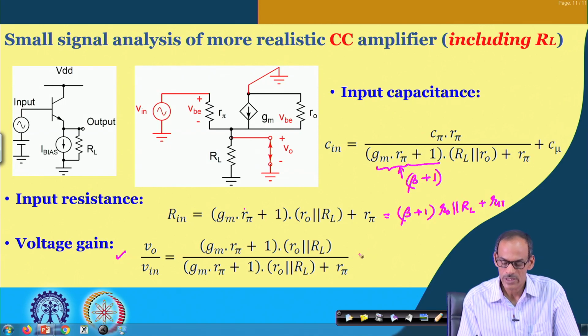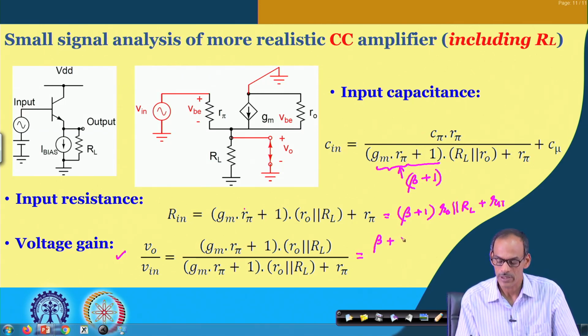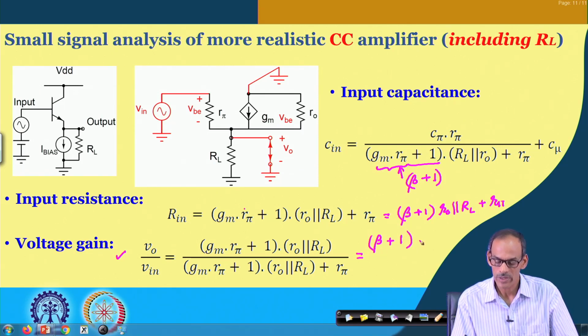Similarly for the voltage gain, you can write in terms of beta instead of gm and rπ. So this is (beta plus 1) into (ro in parallel with RL) divided by (beta plus 1) into (ro in parallel with RL) plus rπ.